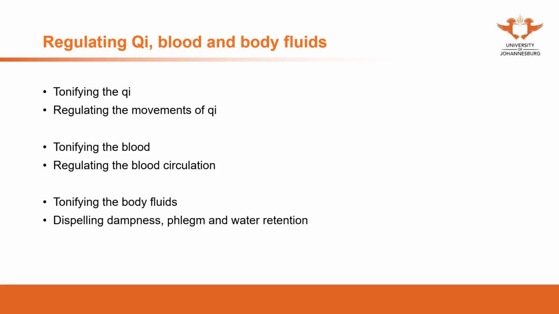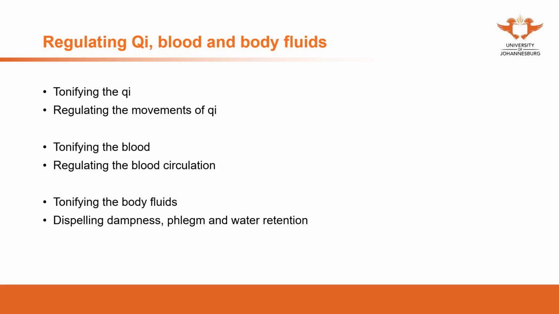The principle is, for deficiency, we're going to tonify the qi, tonify the blood, tonify the body fluid. For the abnormal movements, we're going to regulate the qi movements, regulate the blood circulation, and regulate the water metabolism.